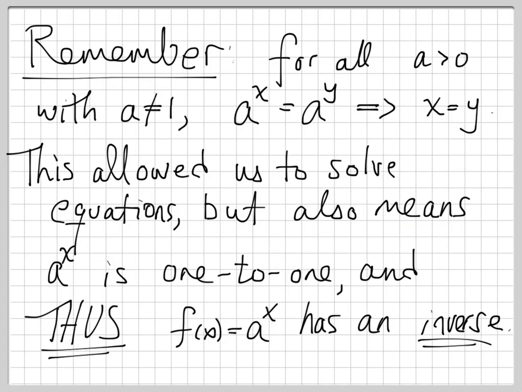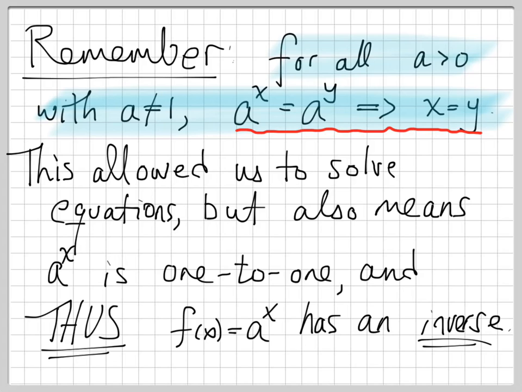Okay, so now we're going to actually get on to the point of the video. We have this fact that whenever we take any positive non-one number a, if a to the x equals a to the y, then x equals y. This came from our exponential video. It allowed us to solve equations, but it's actually way more important than that.